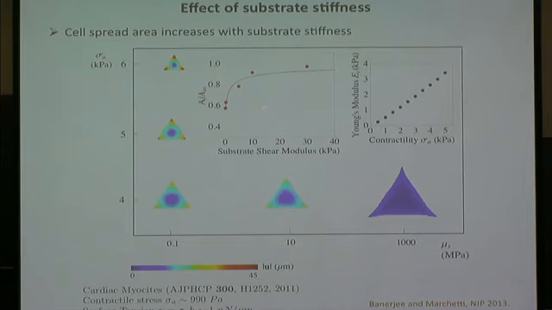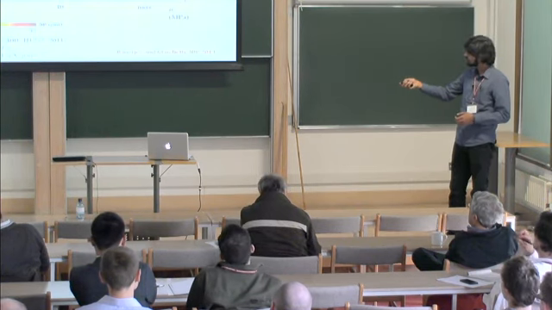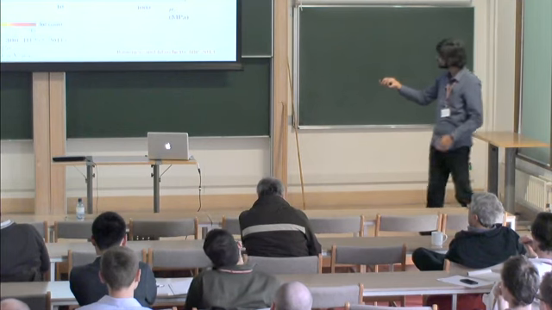You see that the cell area increases. The solid curve is the exact analytical result from a model, and the red points are taken from Paul Janmey's lab experiments on cardiac myocytes. And we get an estimate for the contractile stress, which is about 1,000 pascals here.